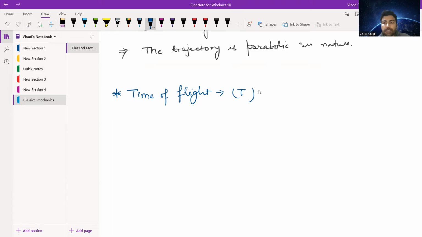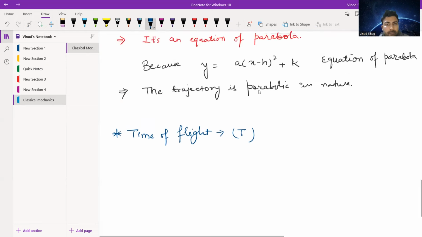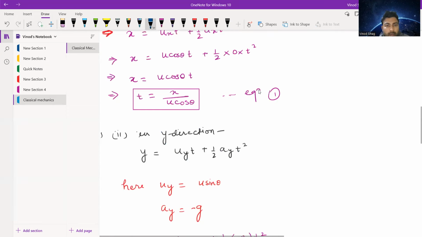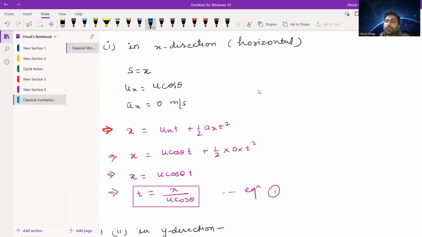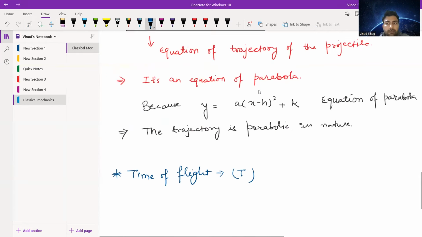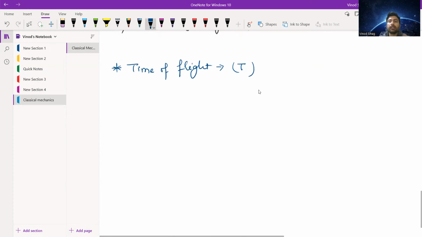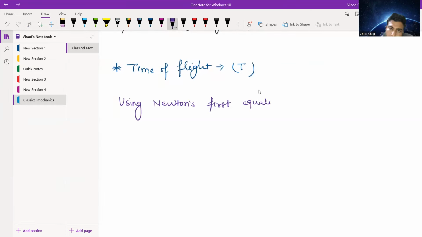Okay, so we are going to see it, and the equation we are going to use here is Newton's first equation of motion.